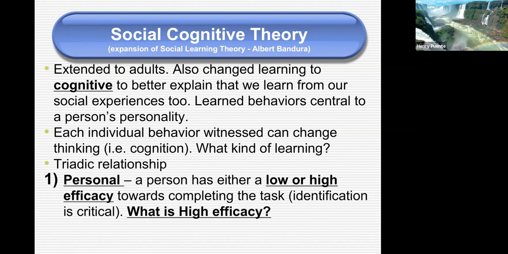Anyways, another important part about this theory is that each individual behavior witnessed can change thinking, right? Think of this as more passive learning, the idea that we can learn passively through observing others. We don't just learn actively by doing.